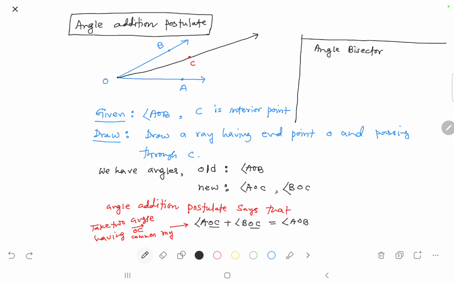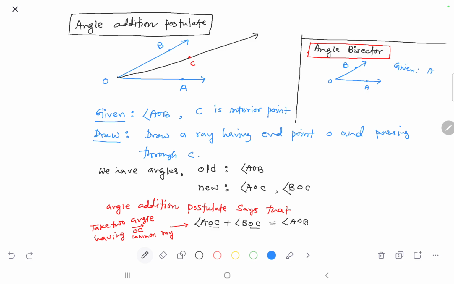Any question, Muhammad, so far? No, I understand. Okay, so let me put here the angle bisector. If you have an angle, let's say OA and B, so this is given.